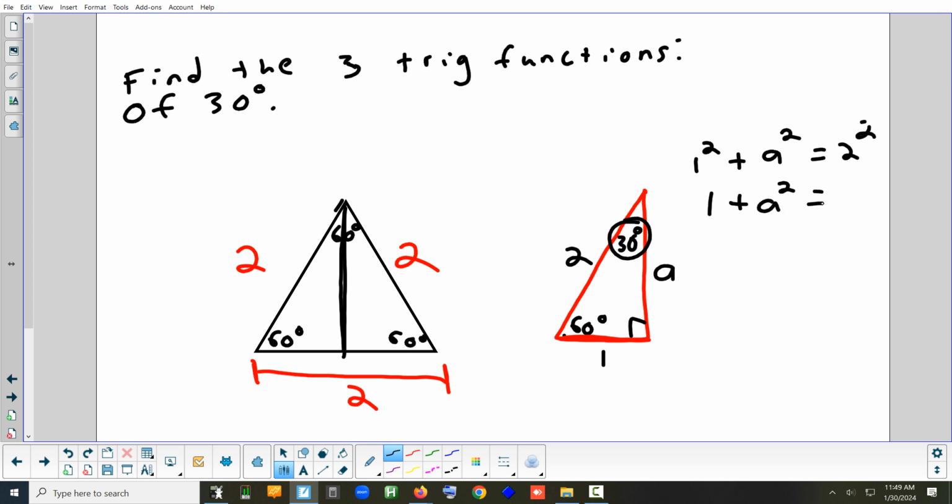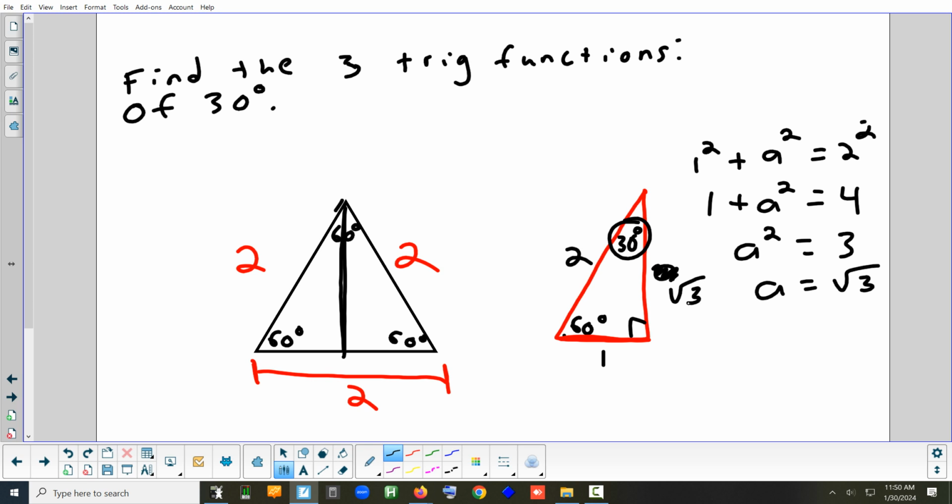And 2 squared? 4. So a squared is going to equal 3. So then what's a? There's nothing you can do to get a nice answer there. It has to be square root of 3. But that's one way to pick your own labels and make the triangle that you need to solve the problem.